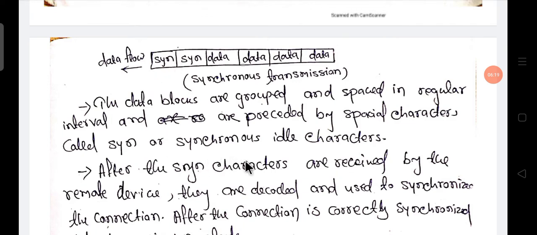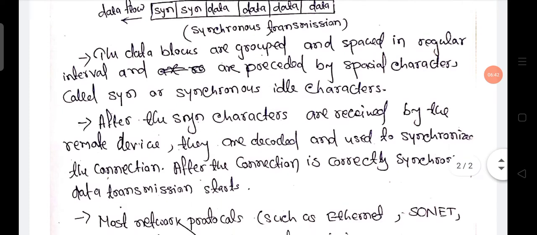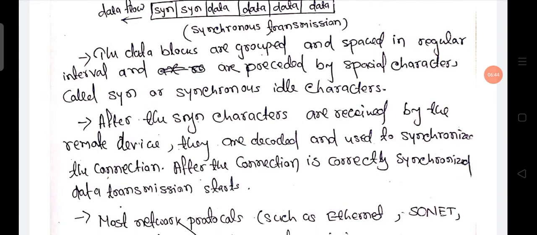After the synchronous characters are received by the remote device, they are decoded and used to synchronize the connection. That synchronous character is used to synchronize the timing with the sending data timing. This synchronous character represents the synchronous information.